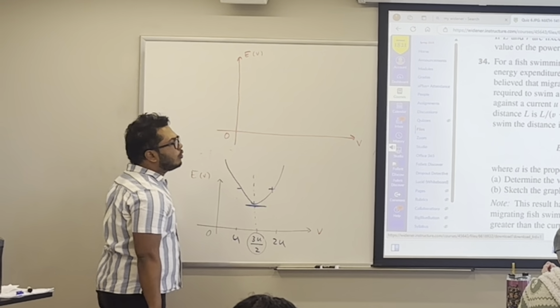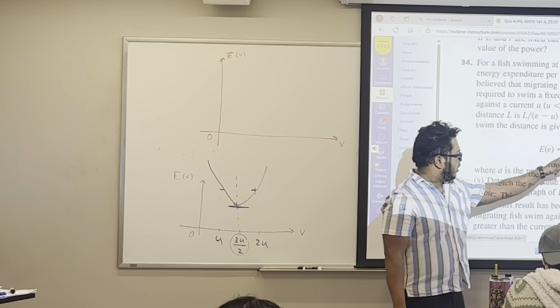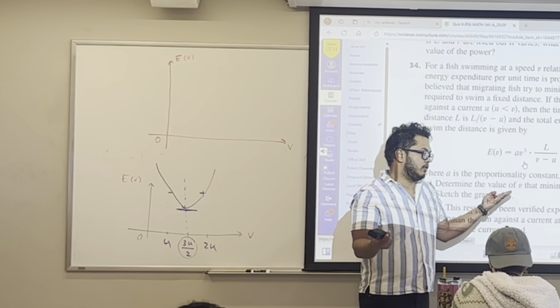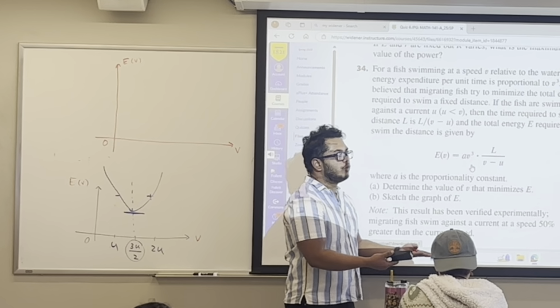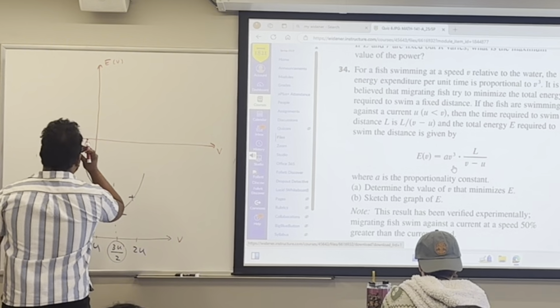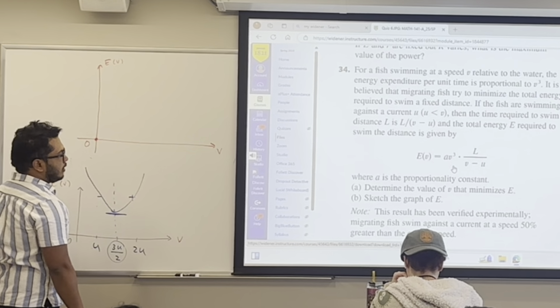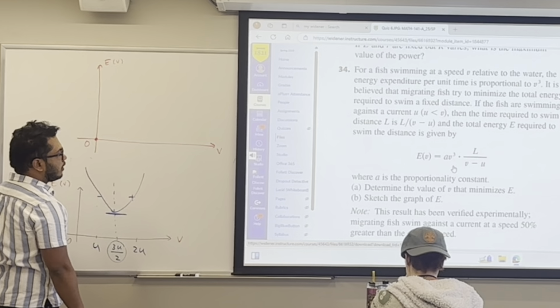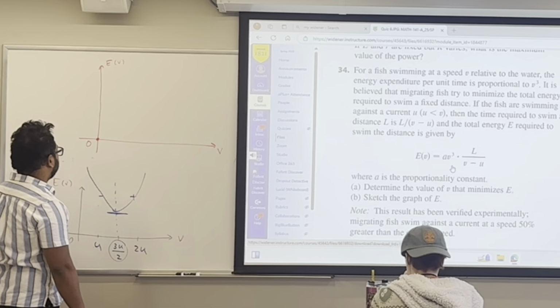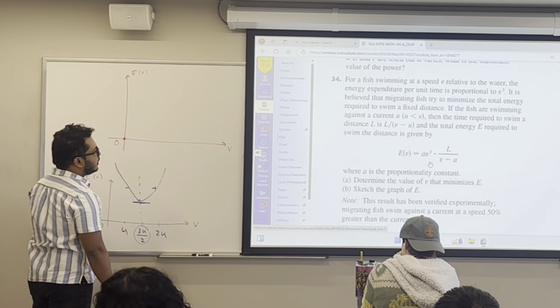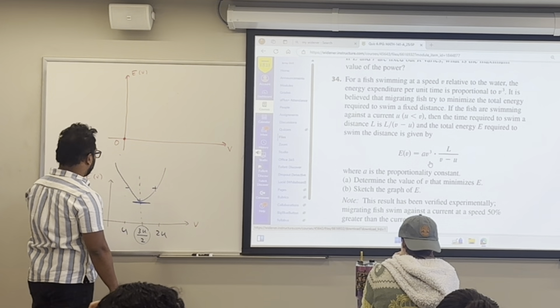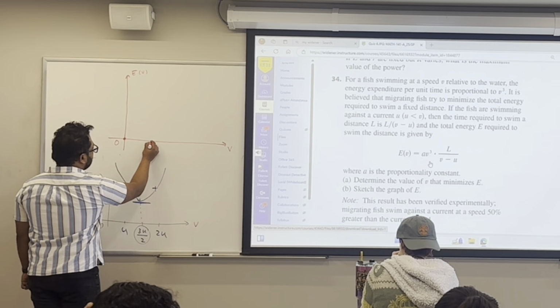What happens at V0? No energy, because the fish is not swimming, so no energy. You can start from here. V is always greater than u. So this is u.